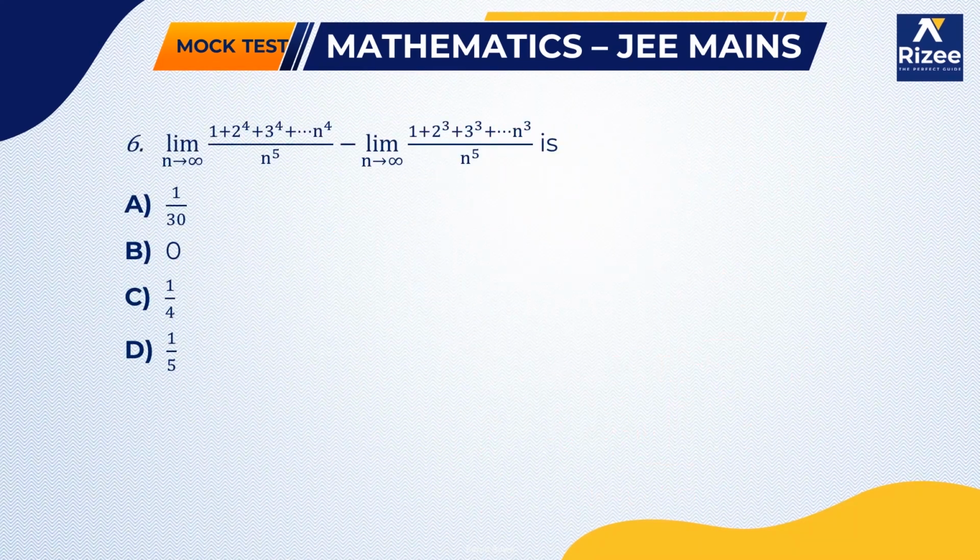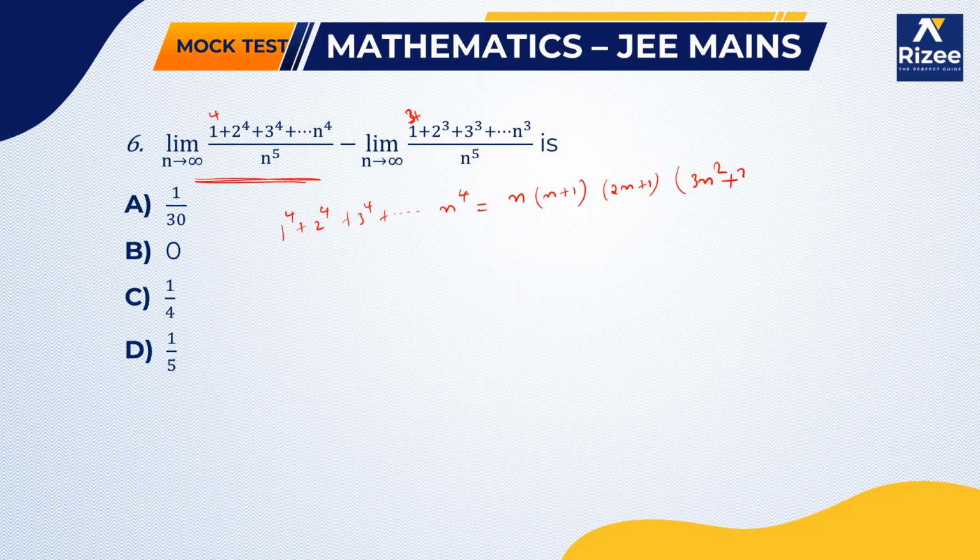Next question, the limit of 1 power 4 plus 2 power 4 and so on. Observe here, the sum of the n terms in power 4: 1 power 4 plus 2 power 4, 3 power 4 and so on up to n power 4 equals n into n plus 1, 2n plus 1 into 3n squared plus 3n minus 1, by 30.